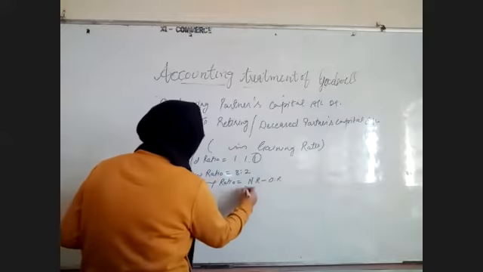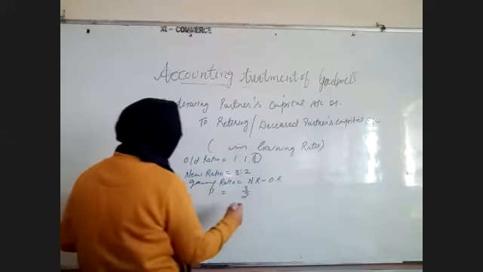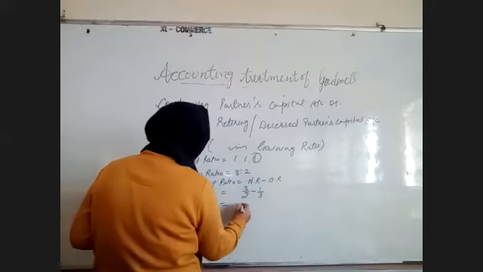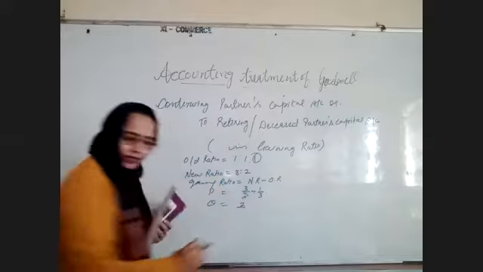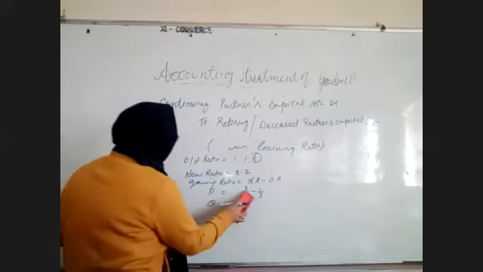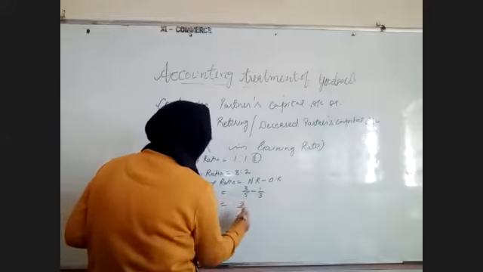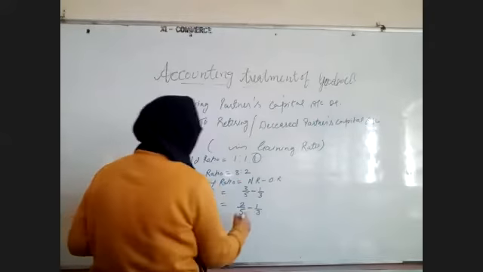In case of P, P is gaining ratio. 3 by 5 minus 1 by 3. In case of Q, 2 by 5 minus 1 by 3.